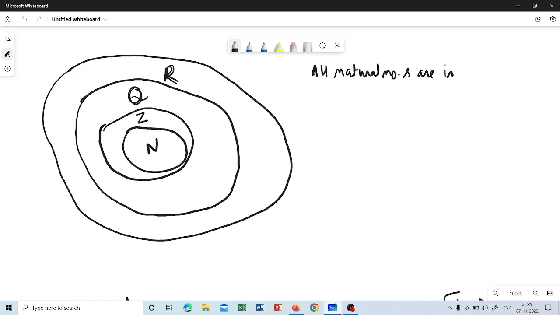This is very clear, because if you see the circle of Z, all natural numbers are inside the circle. So all natural numbers are integers, but not all integers are natural numbers. Vice versa is not true.